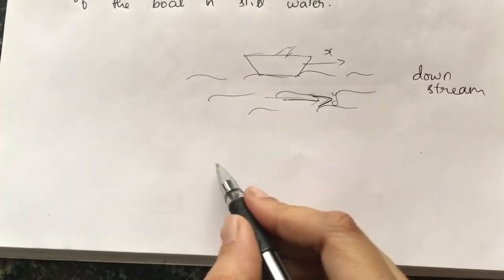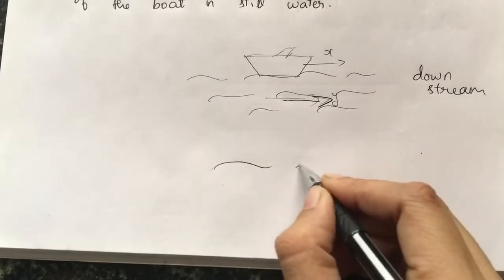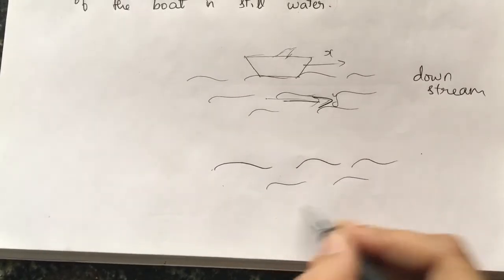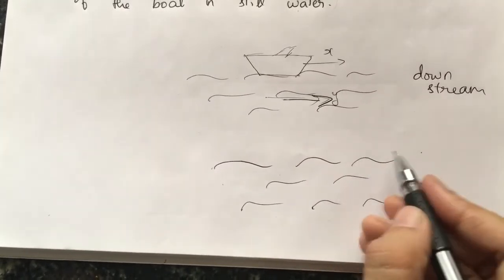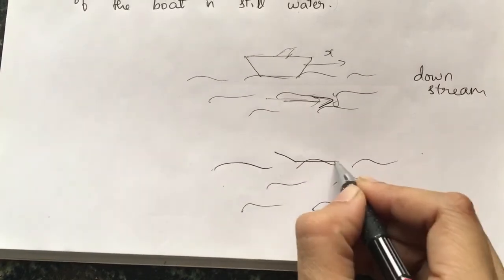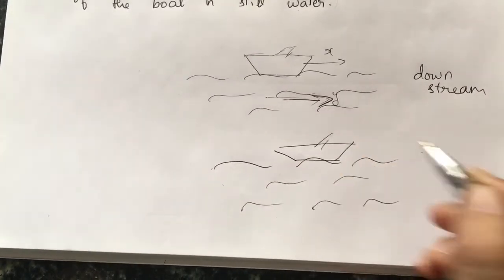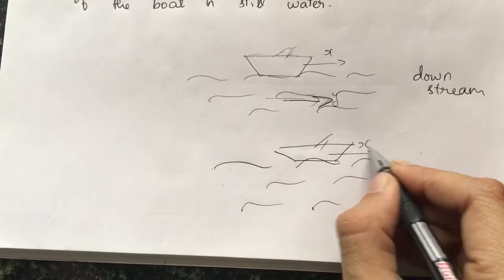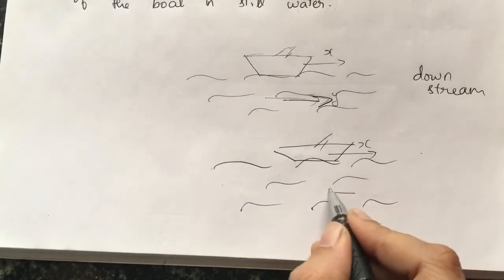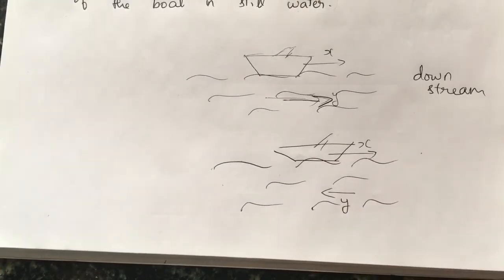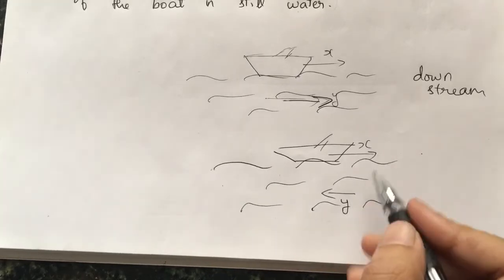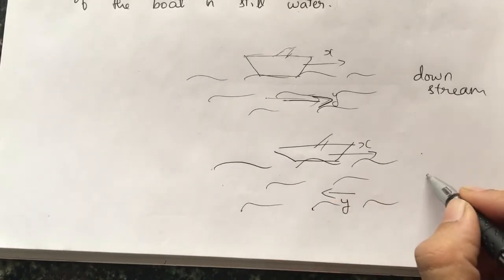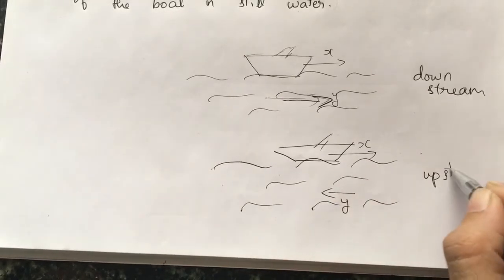Now when you take upstream, here is your boat. The speed of the boat is x, but the water is moving in this direction, right? So in that case, we are taking upstream.